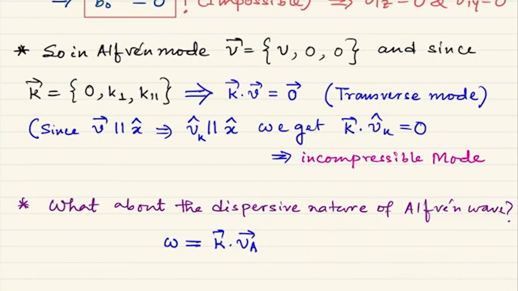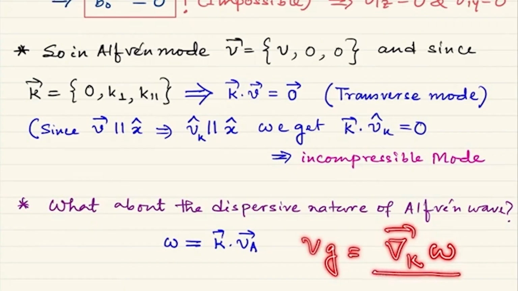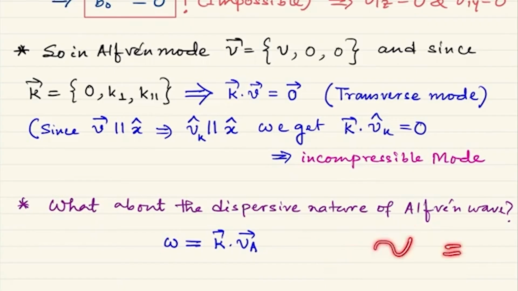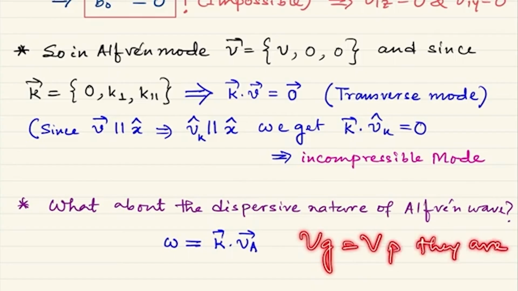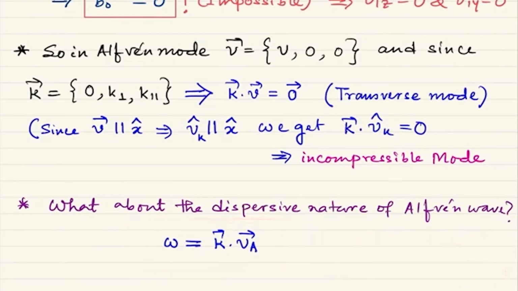On the other hand, if you compute VG, and do this rightly, you will see that Vg is equal to VA. So Vg is equal to Vp, and they are independent of k. So this is a non-dispersive mode.